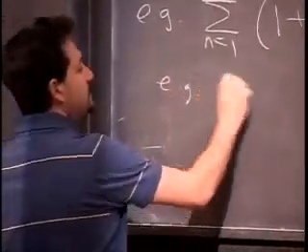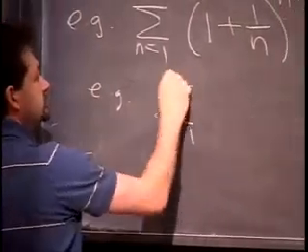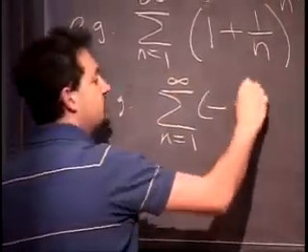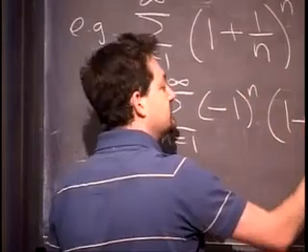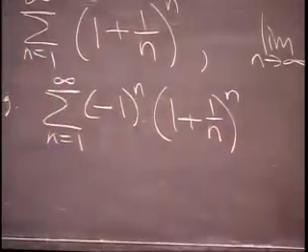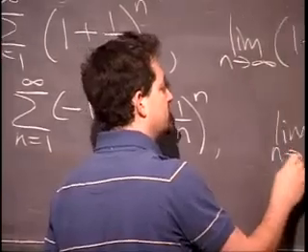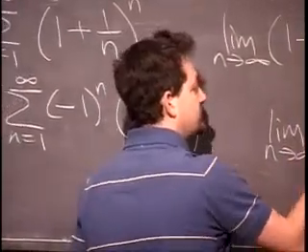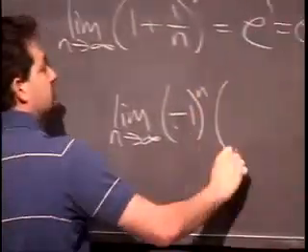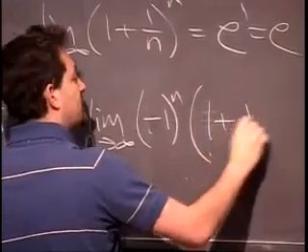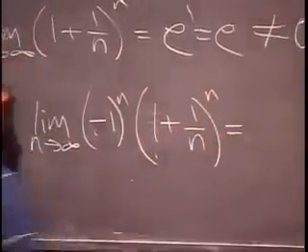A slightly different example. Let's throw a minus 1 to the n in there. To get the limit, well, in terms of the terms, the limit of (minus 1) to the n times (1 plus 1 over n) to the n, is what?